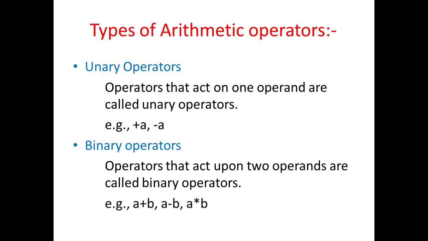Now there are two types of arithmetic operators: one is called unary operator and one is called binary operator. Operators that act on one operand are called unary operators. What is an operand?